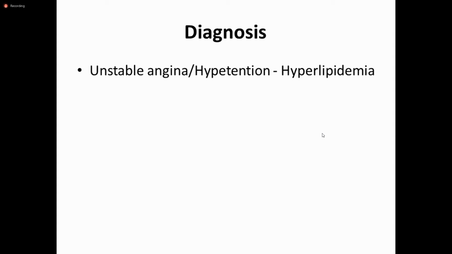Hypertension and hyperlipidemia are okay to include in the diagnosis, but when you give a diagnosis, you need to know exactly whether the hypertension is under control or not, and how many medications the patient uses to control the blood pressure. It's very important.